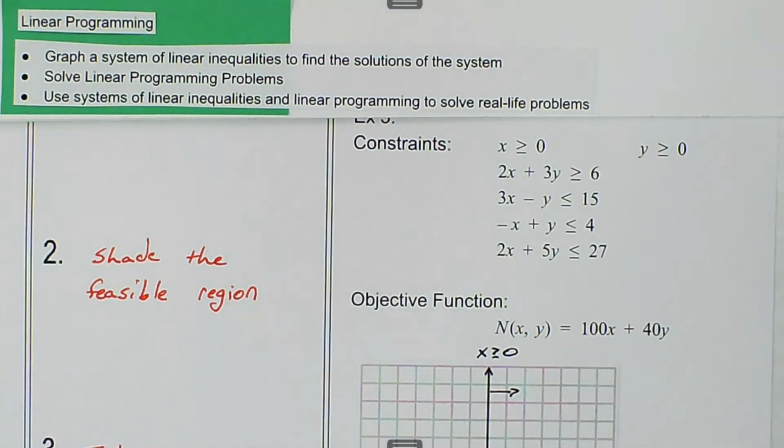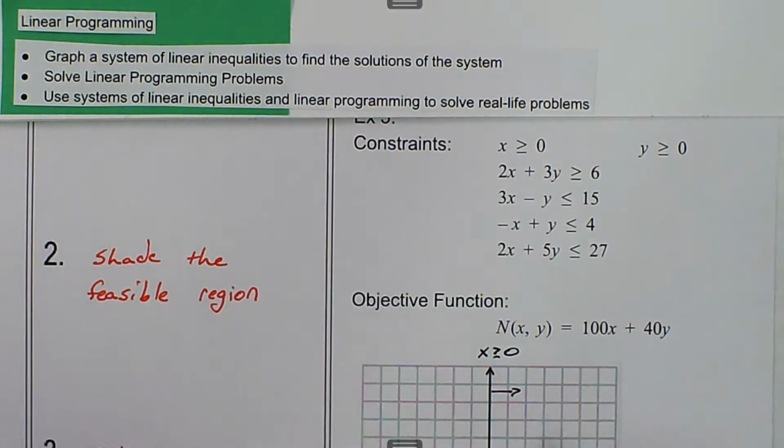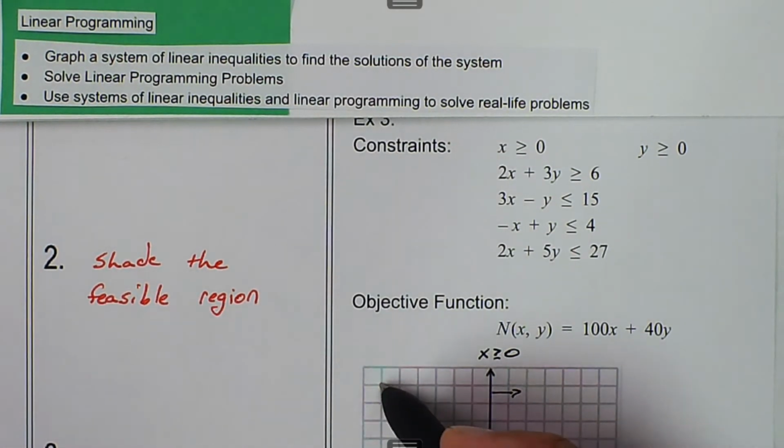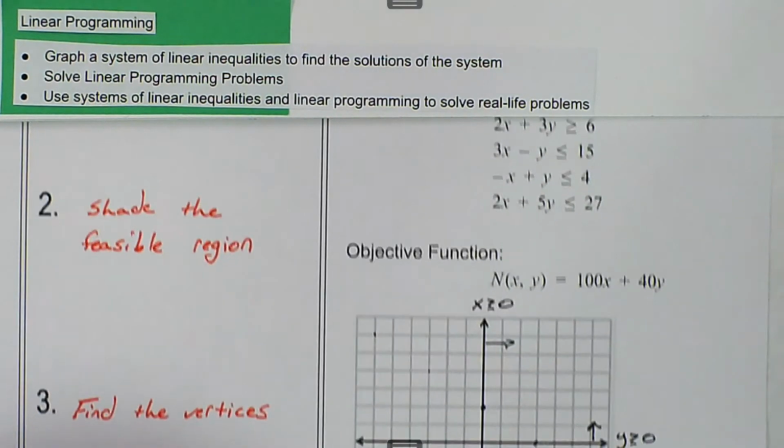And then we can draw the line that goes through those points, and we can see that we have a slope going down 2 over 3, back 3, and we can draw that line.